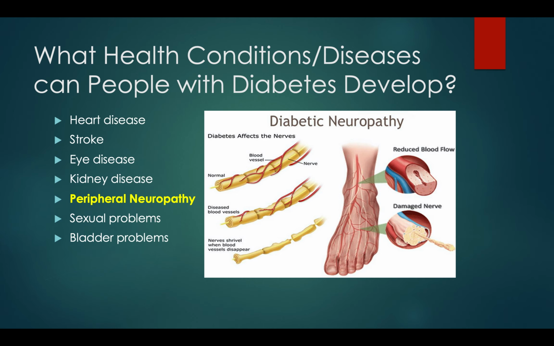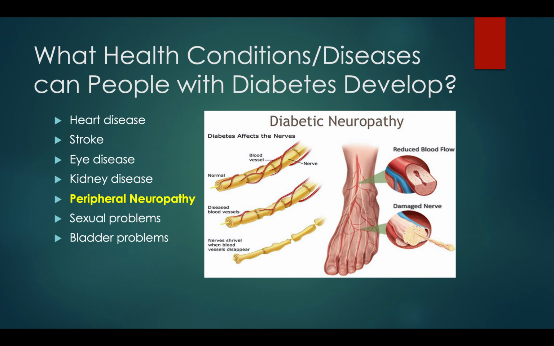Now, when you consider the health conditions and diseases that people with diabetes develop, you certainly have a much greater risk for heart disease and stroke. The arteries that feed the heart and the brain become narrowed due to the buildup of plaque, which again a high blood level of glucose is associated with.